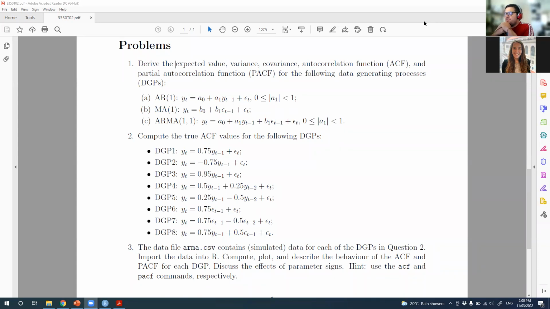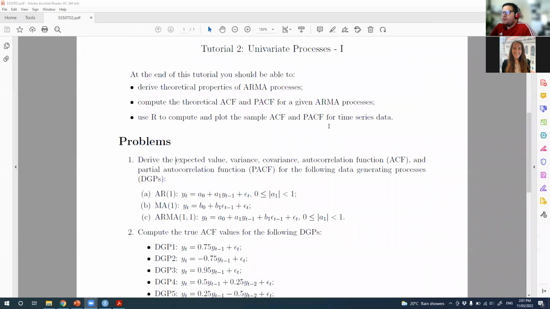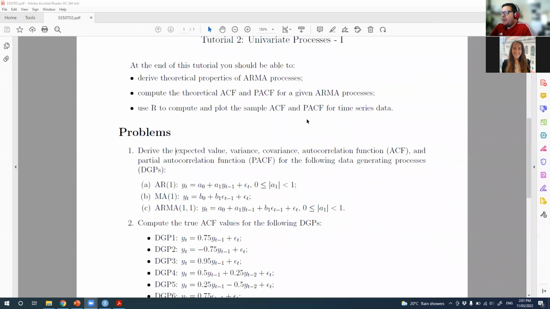Today we're going to discuss a preliminary of the most basic models that we're going to learn, which are ARMA processes.